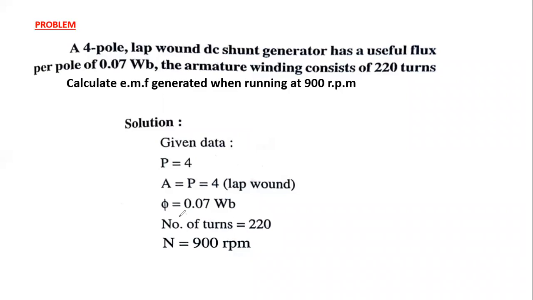EG is equal to phi Z N by 60 into P by A, where phi is the flux, Z is the number of conductors, N is the speed, P is the number of poles, and A is the number of parallel paths.